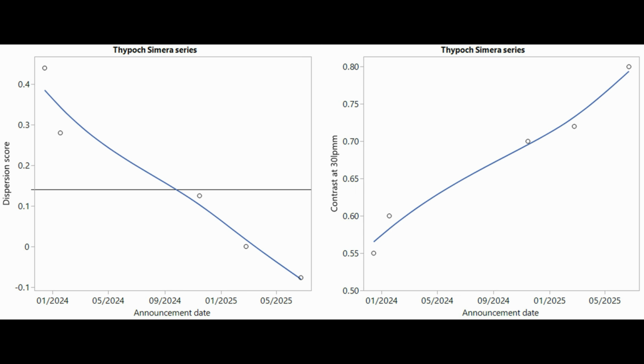There is not much sense if you try to look at focal length. However, I also looked at the announcement dates of those 5 lenses. And it appears that the later the lens, the lower its dispersion score and the higher its contrast level at high frequencies.